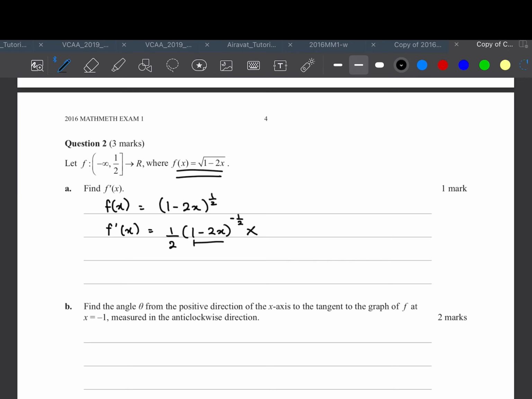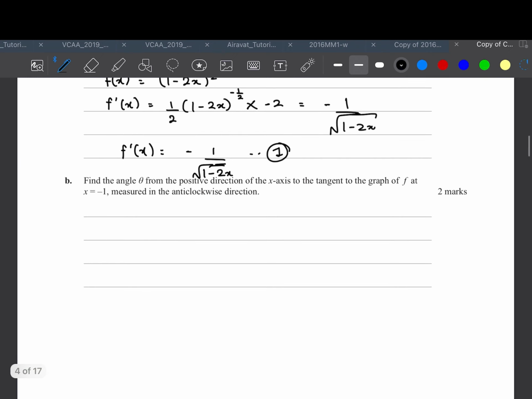So if we differentiate 1 minus 2x, we will get minus 2. And that will simplify to negative 1 on square root of 1 minus 2x. So our answer is just going to be f dash of x equals negative 1 on square root of 1 minus 2x. Now this is going to be our 1 mark over here.